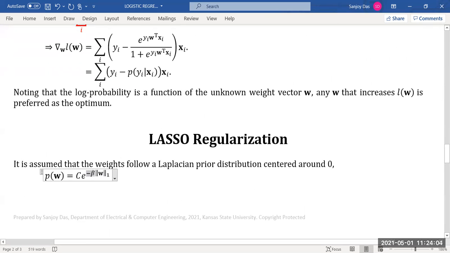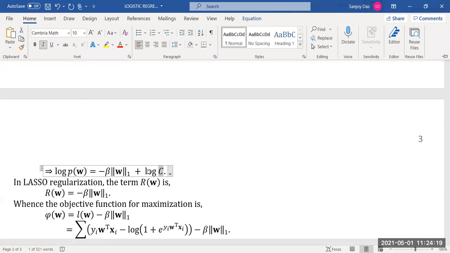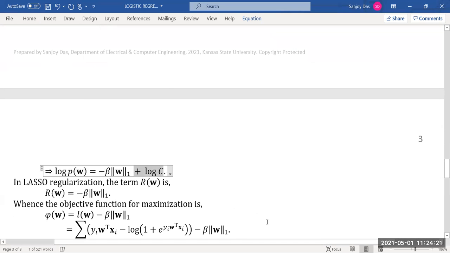We have negative beta times the one norm of W, plus log of C, but log of C is some constant independent of W. So we can simply ignore the second term. And so log P of W is negative beta times the one norm of W.